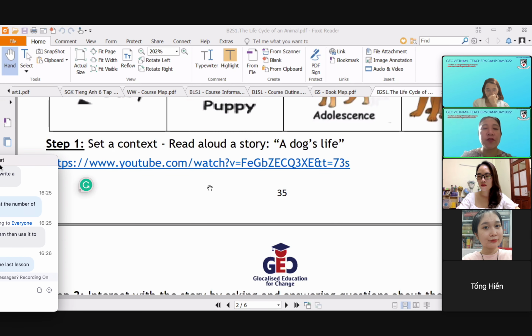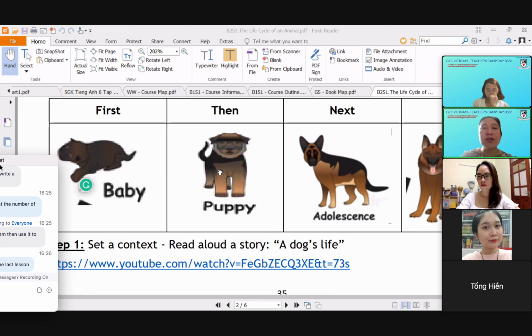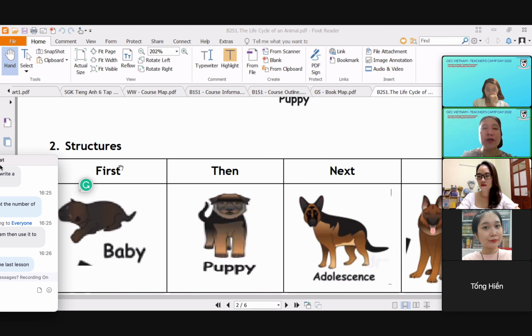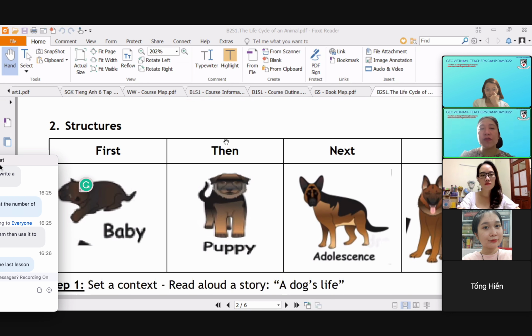And also they want to introduce the adverbs of order, okay, because they have to talk about the cycle, so they need to have the order. So they have to learn about the adverbs.